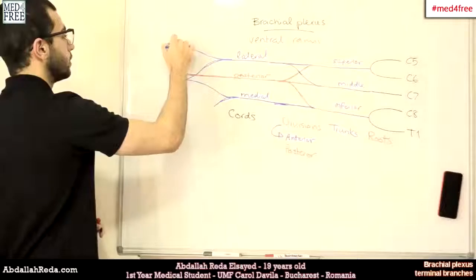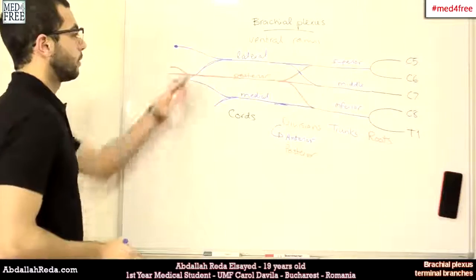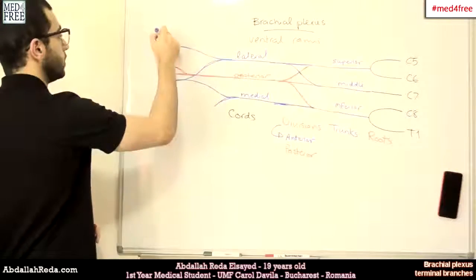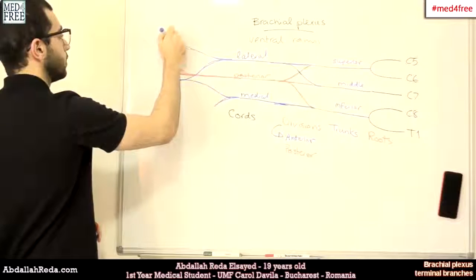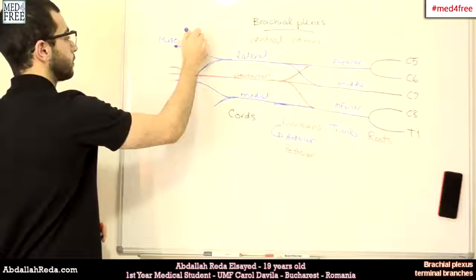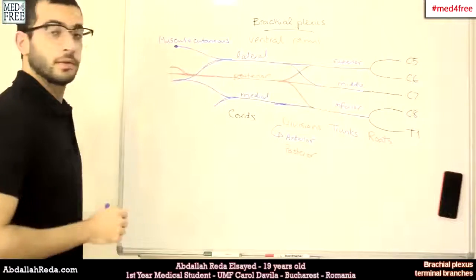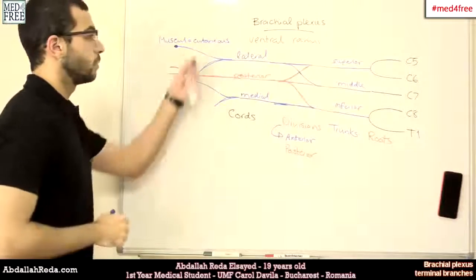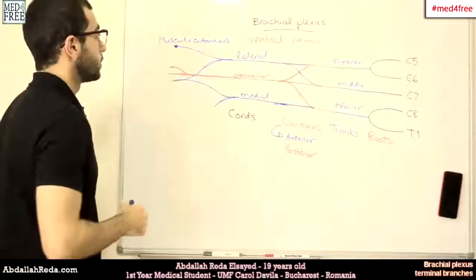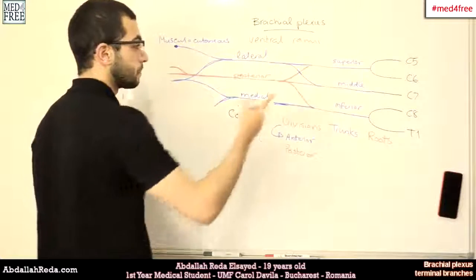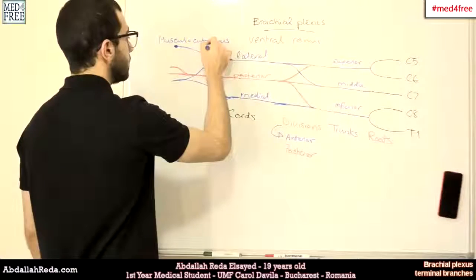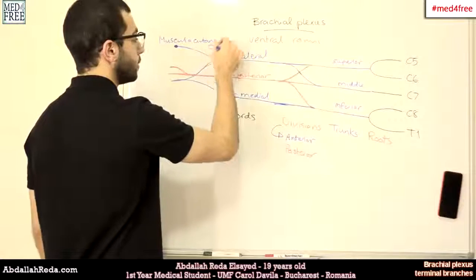This, from the lateral cord, is called the musculocutaneous nerve, and it's most lateral. It receives innervation from C5 to C7.